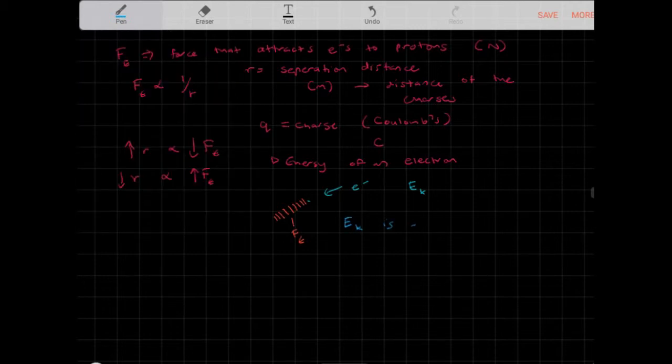The kinetic energy is dependent on the force of attraction. So if the force of attraction increases, the overall kinetic energy of the electron decreases, right?